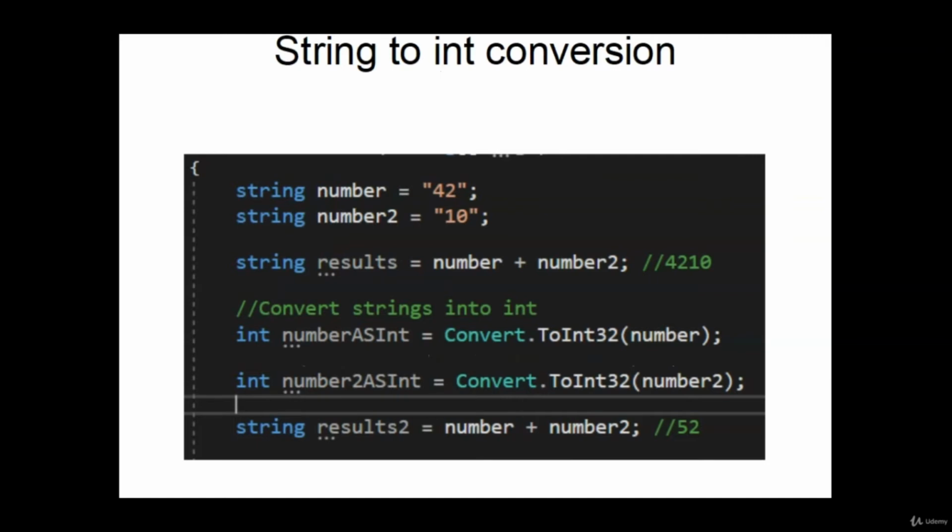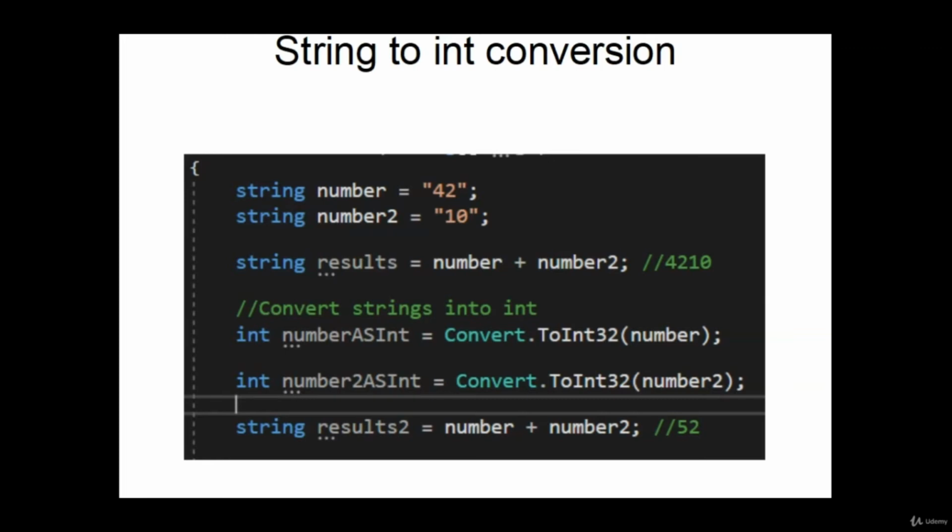Now let's talk about converting strings into integers. As you can see in this example here, we have two strings, number and number 2, and they equal 42 and 10 respectively. So when we try to add those variables together into the variable results, we get 4210. Because these are strings, that's concatenation. We basically take the two strings and we put them together.